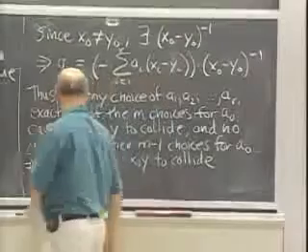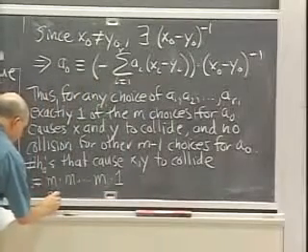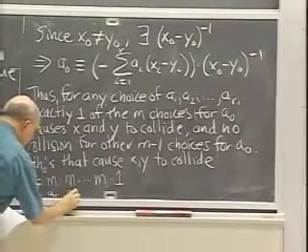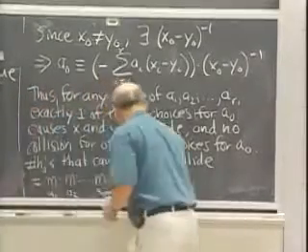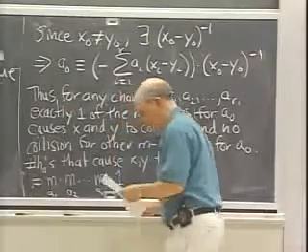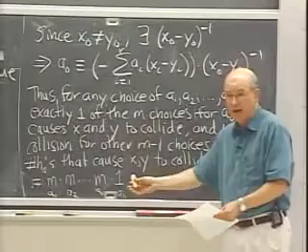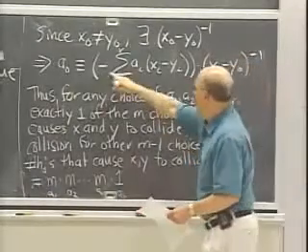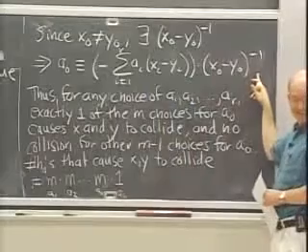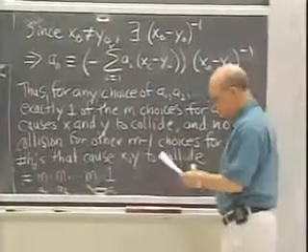So this is m choices for a1, a2, ar, and only one choice for a0 if they're going to collide. If they're not going to collide, I've got more choices for a0. But if I want them to collide, there's only one value I can pick, namely this value. Okay? That's the only value I will pick.